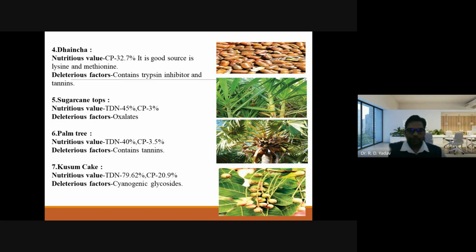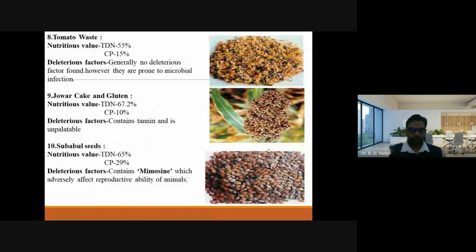Then palm tree, it has a TDN value around 40%, CP 3.5%. It contains tannin. And like kusum cake, also a good TDN value around 80% and CP around 20%, and its anti-nutritional factor is cyanogenic glycosides. Likewise, tomato waste, TDN value 55% and CP 15%, and it generally has no deleterious factor.